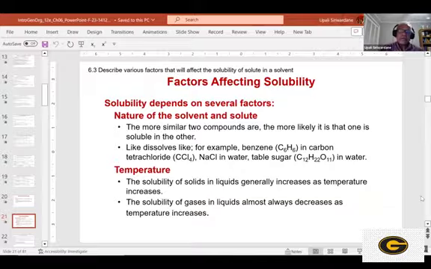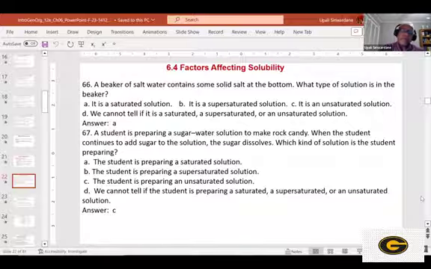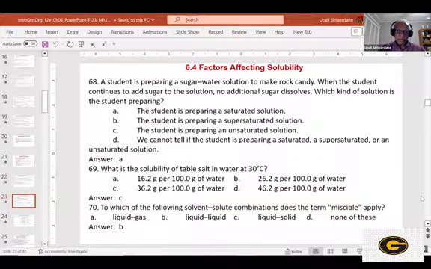So there are laws governing solubility, guidelines. Solubility of a substance is a constant at a given temperature. So you should know how to find the solubility of a solute at a temperature.